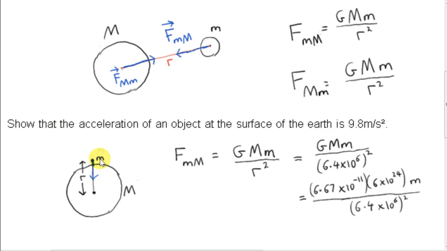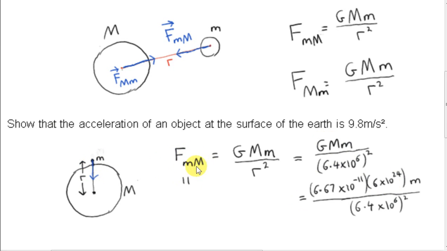Well, by Newton's second law, the acceleration is in the same direction as the resultant force. So we are assuming that this is the only force acting on this mass here. Well, it's certainly the only force that's significant. If we leave out electrical forces or magnetic forces, we're going to forget about them. Pretend that this is the only force acting on little mass m.